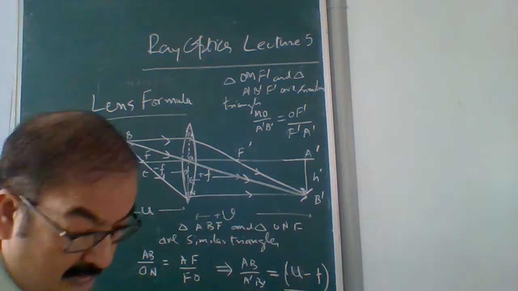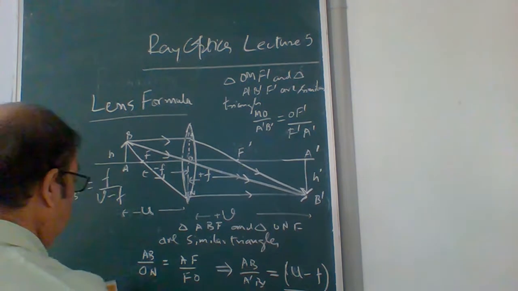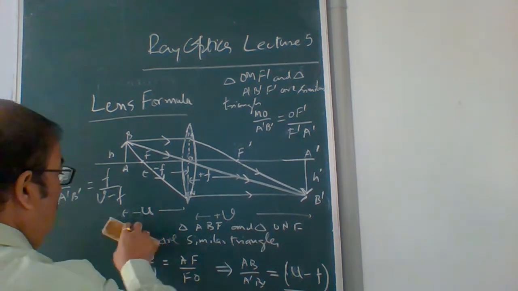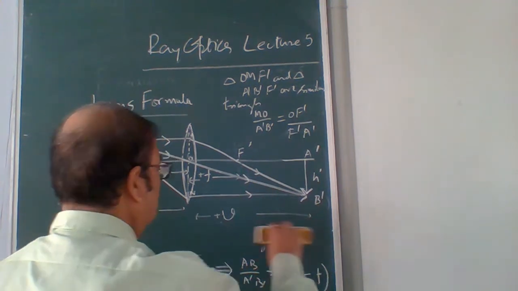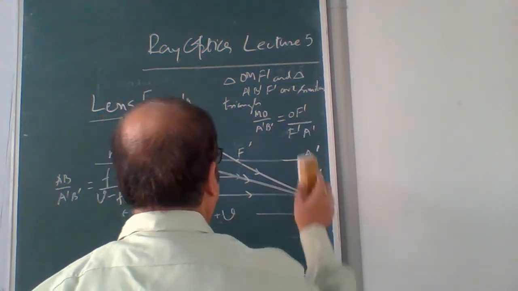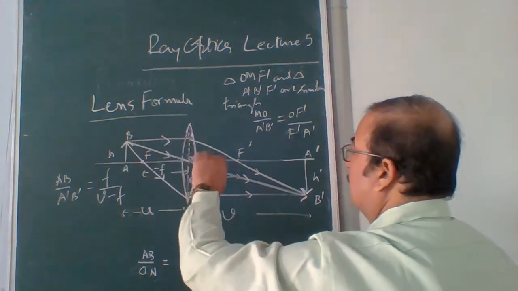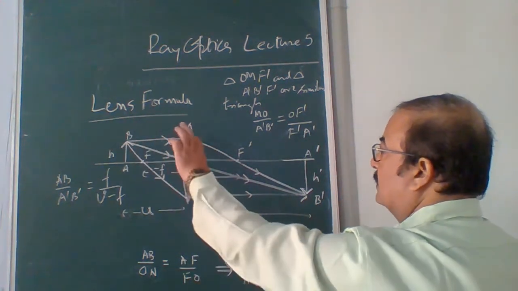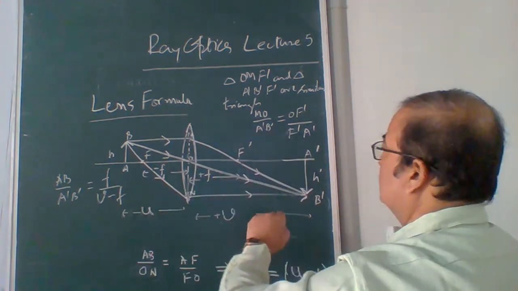Okay. Once we have this thing, V minus F and so on, now let us take this portion. And just remove the rest of the things. I am again repeating, MO is equivalent to this, and this upon this A dash B dash means AB upon A dash B dash.